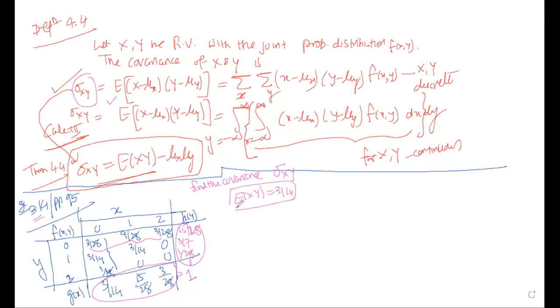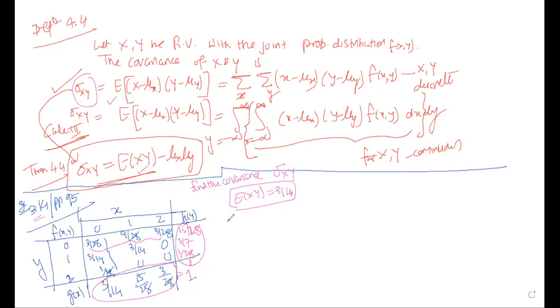We don't want to count the same thing again, so we are going to use this part. So expected value of xy is already 3 over 14. We figured it out in the last chapter. Example 3.14, yes, so it is chapter number 3.